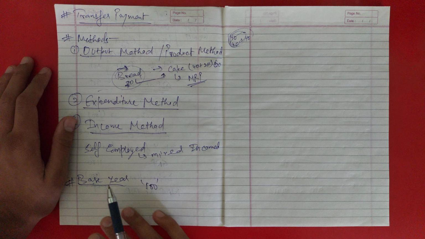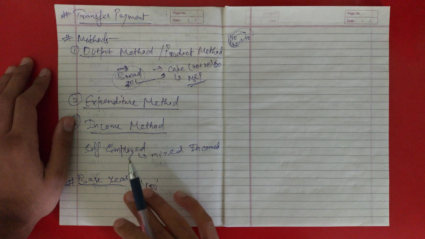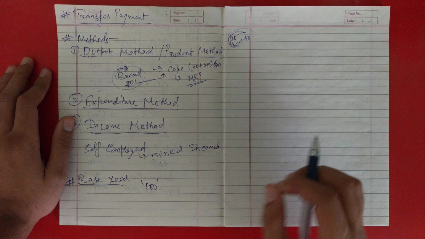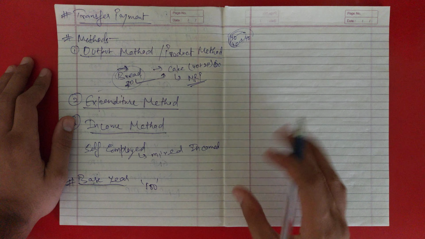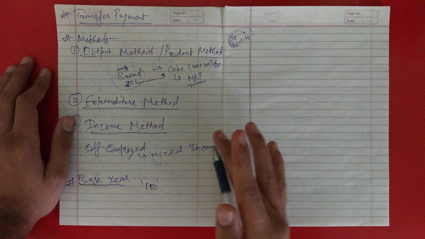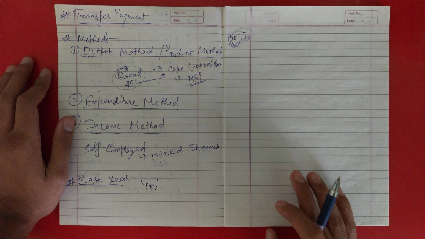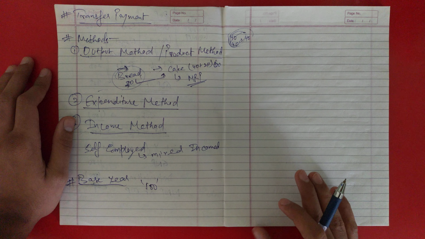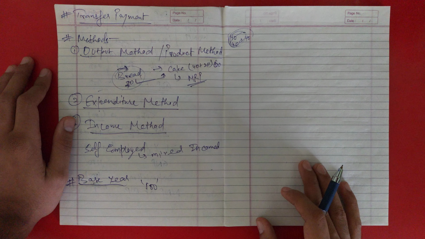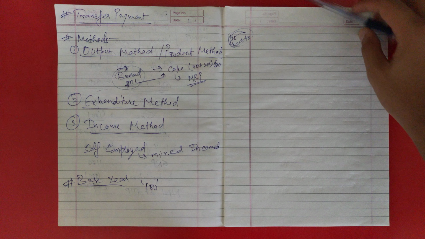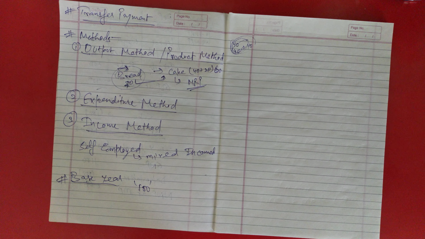But if we are playing fair, then the base year should be a normal year in which there is no large fluctuation in production, trade, and price of commodities in general. There should be reliable data available for it, and it should be as recent as possible. So these are the three points to remember while choosing the base year.